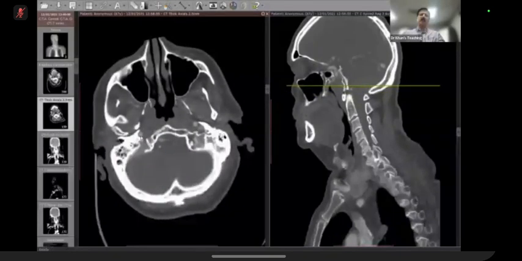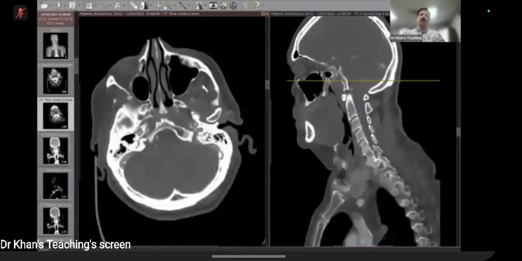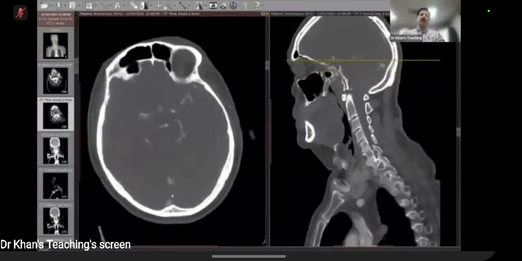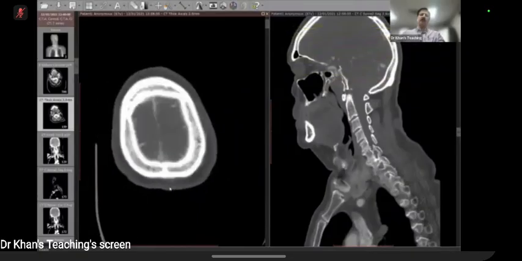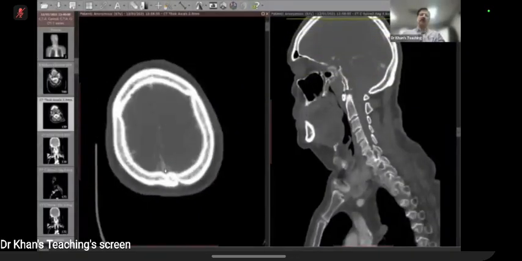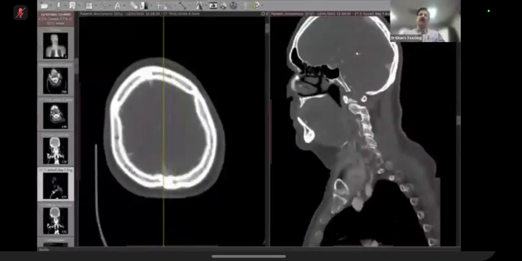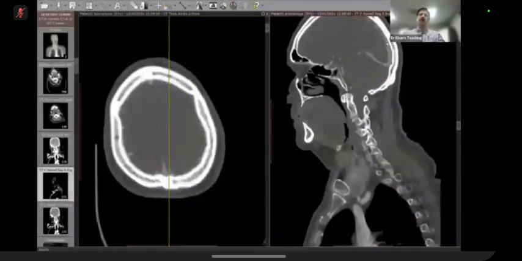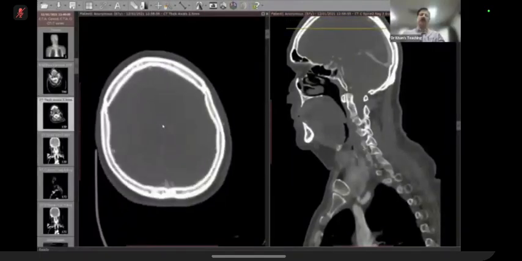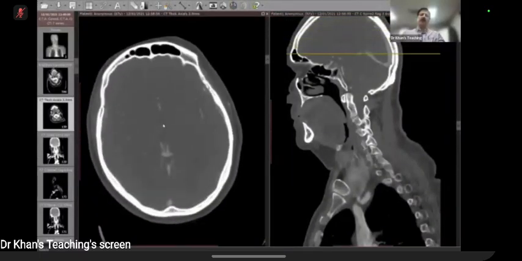Now, let's see the jugular foramen. So I am now going superiorly. You can see that this is the superior sagittal sinus. And we are coming inferiorly.